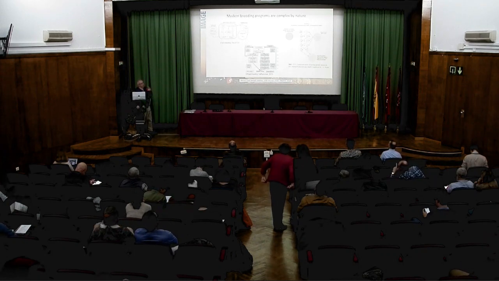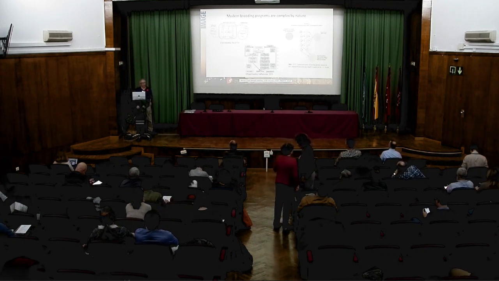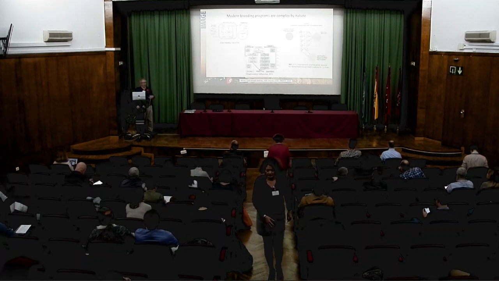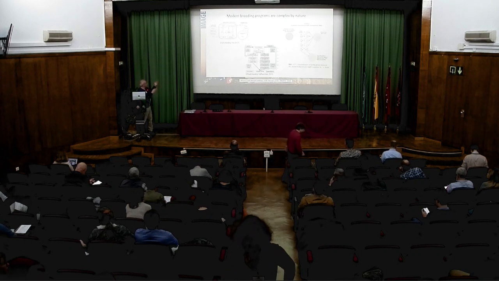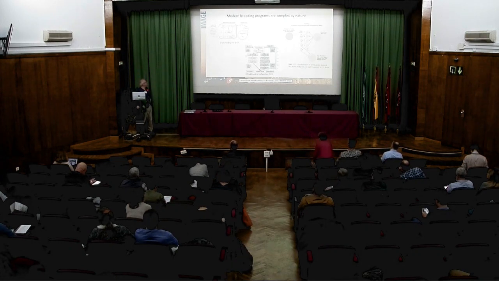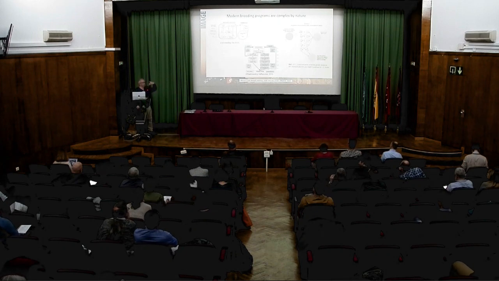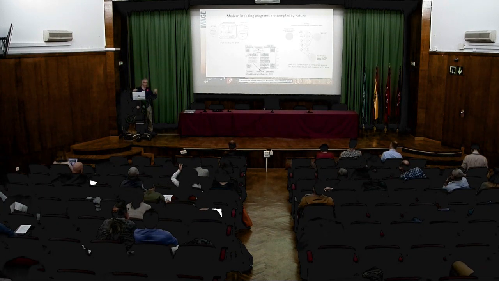Modern breeding programs, and also breed restoration or diversity restoration programs, are complex by nature, and I just picked a few of them. When you see a breeding program, you typically see boxes and arrows. The boxes are cohorts of individuals or semen storage or whatever, and the arrows are usually gene flow, which could be selection or aging or reproduction or something like that.